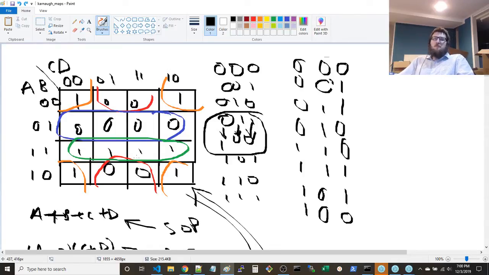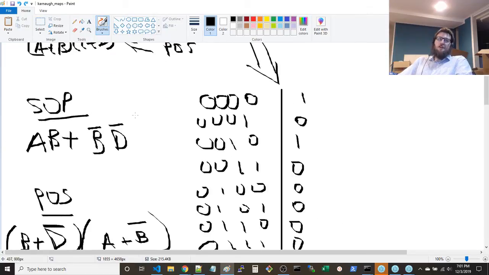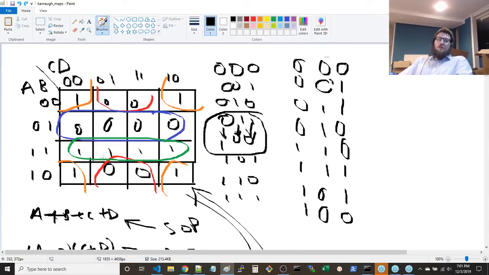It could be a group of 4 on the sides, and then maybe just a 1 in the middle, and then maybe a 2 on the side. Your groups can overlap, even if needed, although they must be totally contained by either zeros or ones, depending on which form you're going for. So if it's sum of products, it has to be all ones, and it has to be some power of 2.